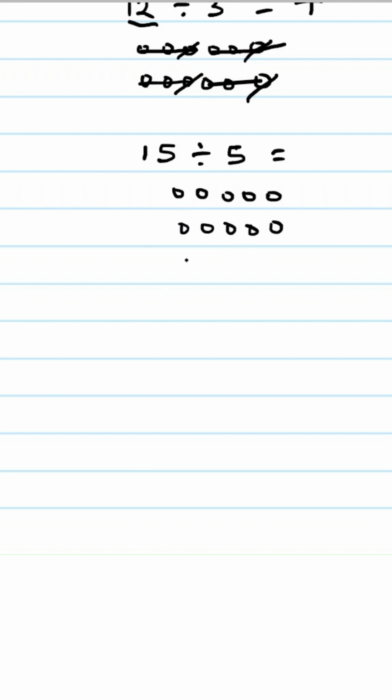That's 10. 1, 2, 3, 4, 5. That's 15. So it means that 15 divided by 5 is 1, 2, 3. So 1, 2, 3, 4, 5 is 1. 1, 2, 3, 4, 5 is 2. 1, 2, 3, 4, 5 is 3. So 15 divided by 5 is 3.